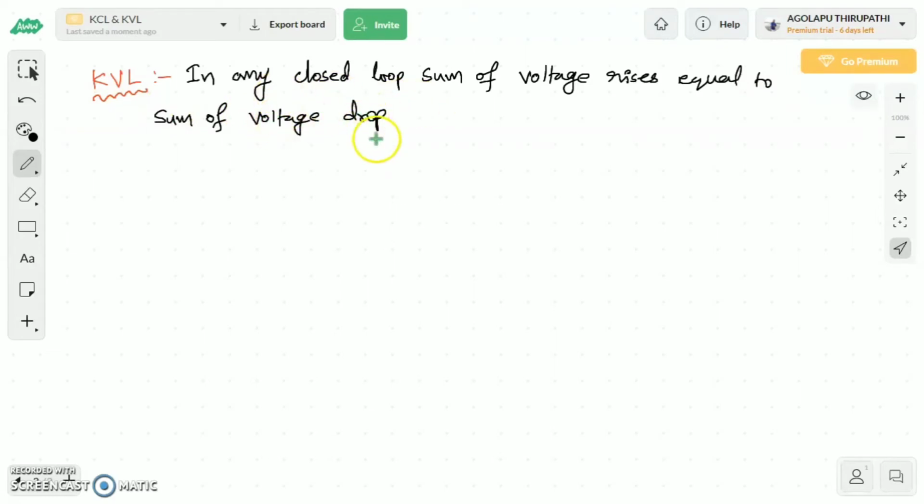Okay, this is the statement of Kirchhoff voltage law. So in any closed loop, sum of voltage rises is equal to sum of voltage drops, right?